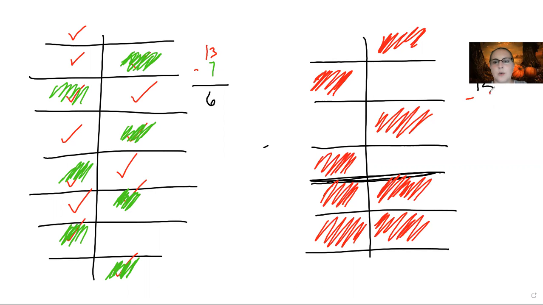How many spaces do I have left? 12 take away 8. So 12, 11, 10, 9, 8, 7, 6, 5, 4. I have 4 parking spaces left for people to park in.